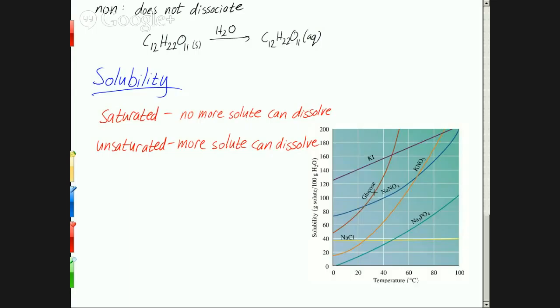You go up just another 10 degrees, and suddenly you can get 112 or so. As you go up, you get more and more. The potassium nitrate that we used on Monday is in this orange curve here. You can see as the temperature goes up, the solubility changes dramatically. And this is what you were testing on Monday and what we're going to calculate in a little while.